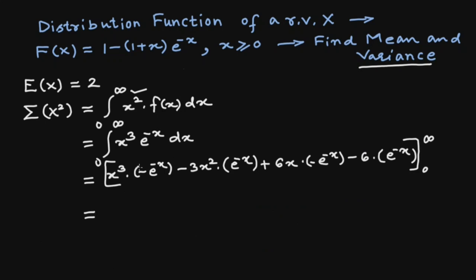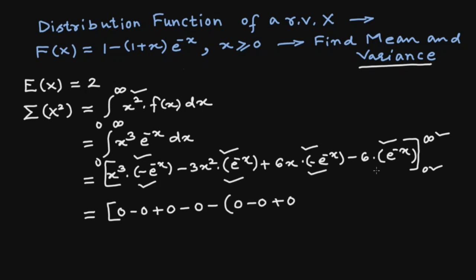When we substitute x equals this higher limit infinity, each of these terms becomes 0, minus when we substitute x equals the lower limit 0, first three terms become 0. Only the last term becomes minus 6 upon e raised to 0, which is minus 6 upon 1, minus 6.